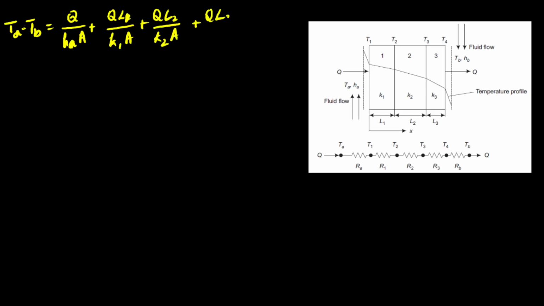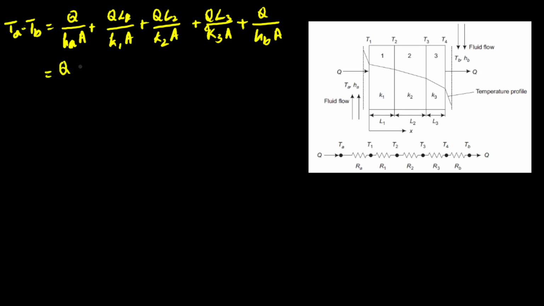So here on the left hand side we are left with TA minus TB, that will be equal to, the first is convection, that is Q divided by HA into A, plus conduction through slab 1, that was L1 divided by K1 into A, plus for the second slab it was L2 divided by K2 into A, plus for the third slab it was L3 divided by K3 into A, plus for convection it was Q divided by HB into A. Now Q is common in all the terms, although area is common I will not take it out.